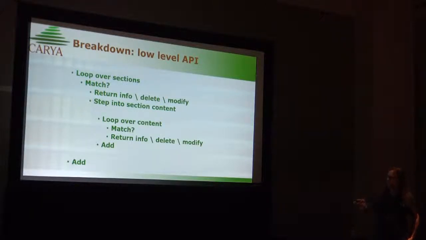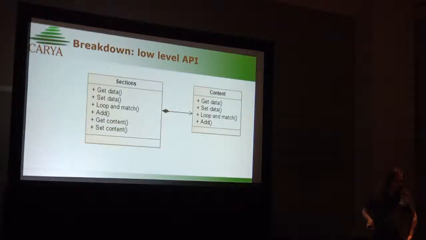But the content of the ini file is almost the same as the sections. So if we implement it, it would look like this. The only difference is that the get content and the set content are missing.